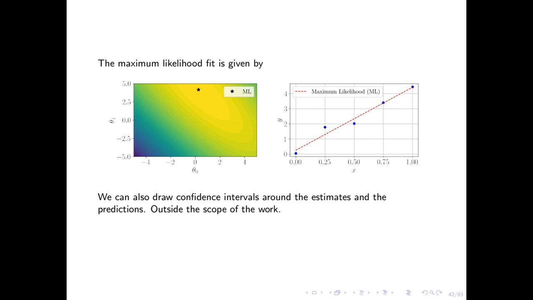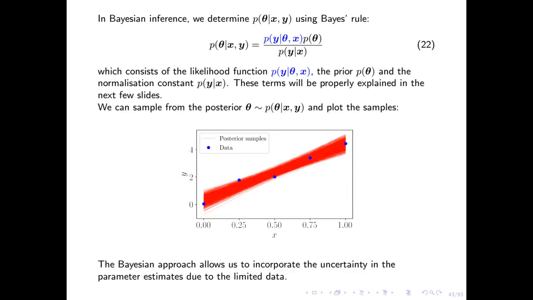Afterwards, if we were interested in frequentist statistics, we can calculate confidence intervals around the data points. We can perform hypothesis tests if we want to, by making some assumptions about the underlying distribution. But that's outside the scope of this work.